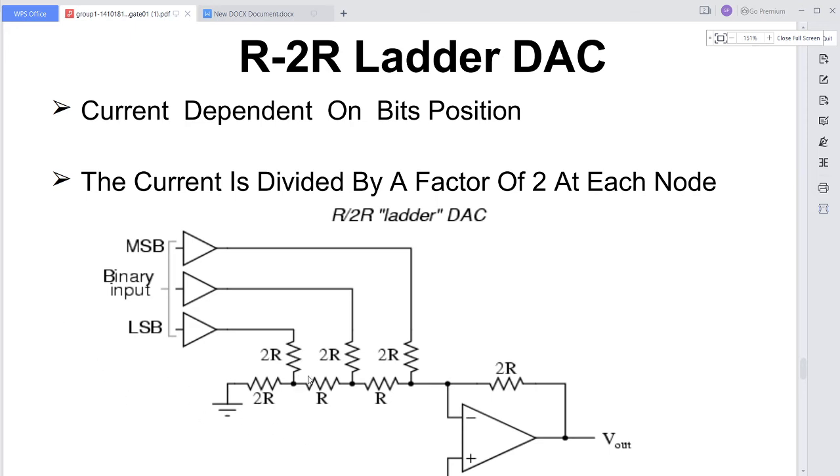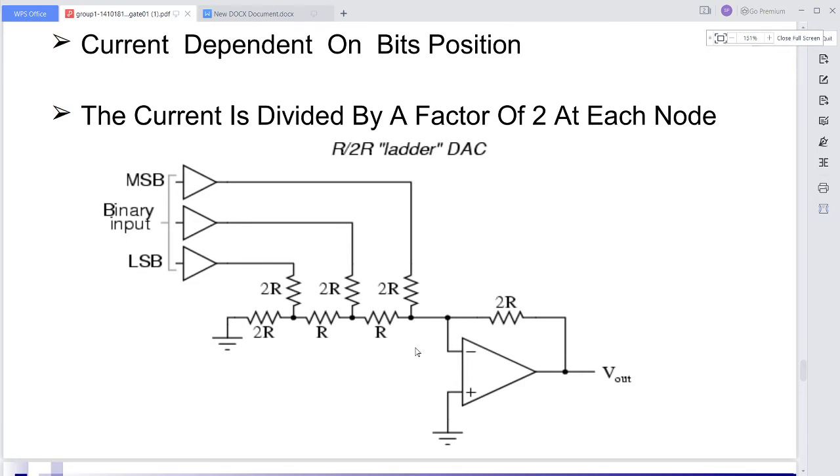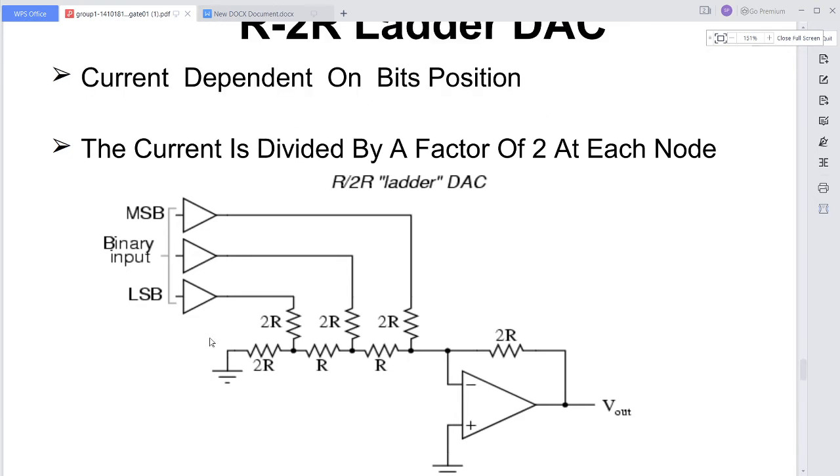From left side to right side we can simplify it, so that we can have now LSB and the 2R. Now LSB and the 2R are in parallel, and these 2R are both parallel, and the equivalent resistance is in series with the R now.